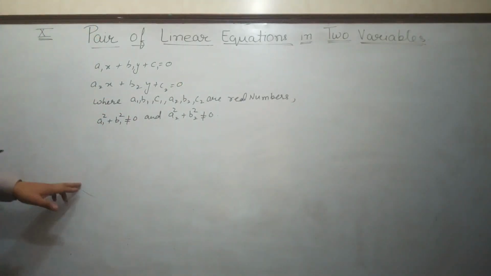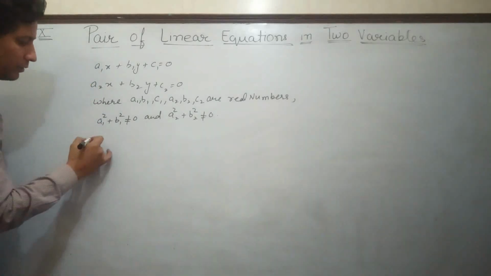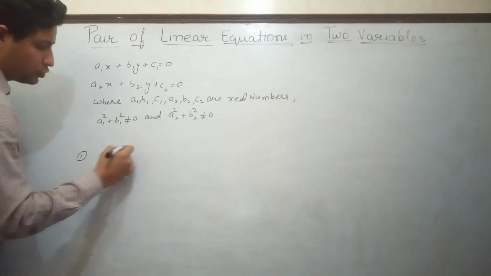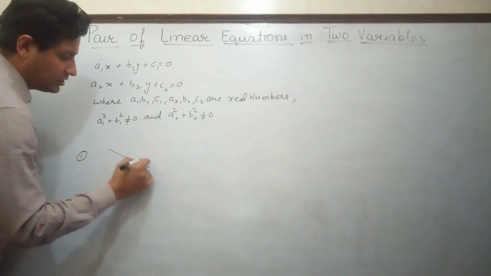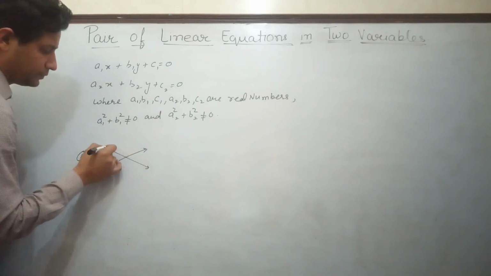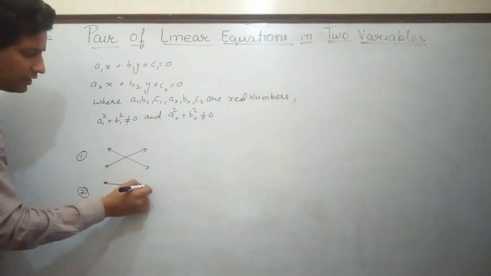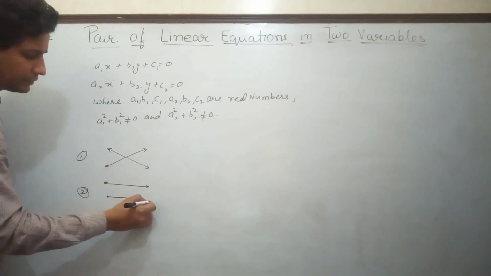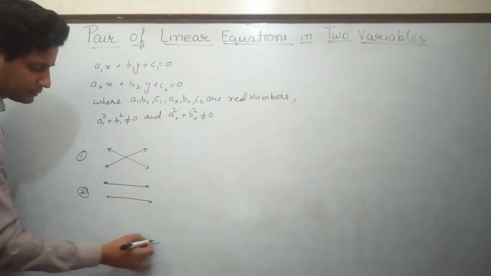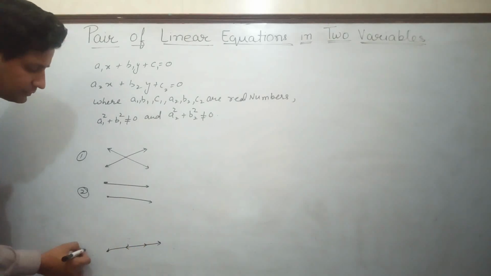When we consider two lines, we have possibilities. Either these two lines intersect each other. Second is they'll never intersect each other. And third condition is that they will coincide each other.